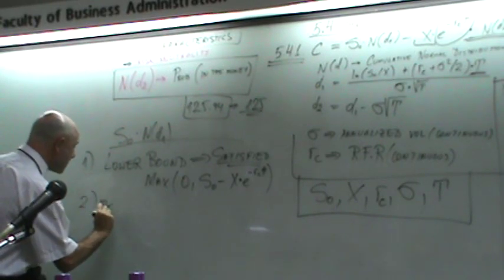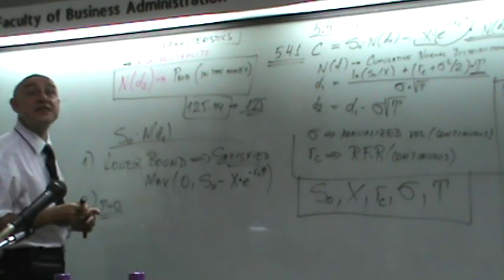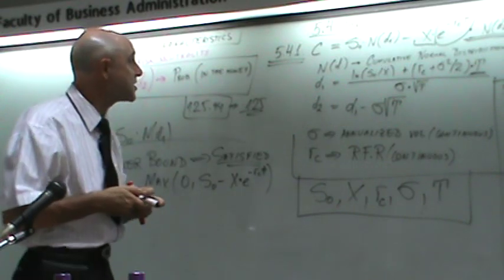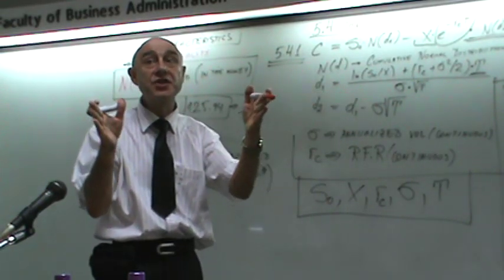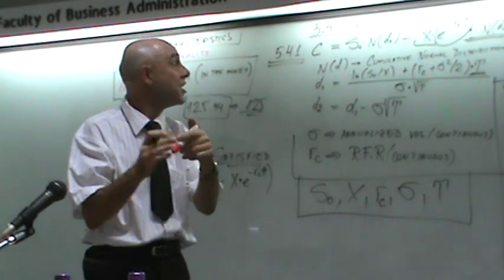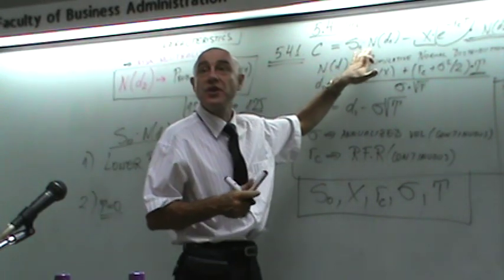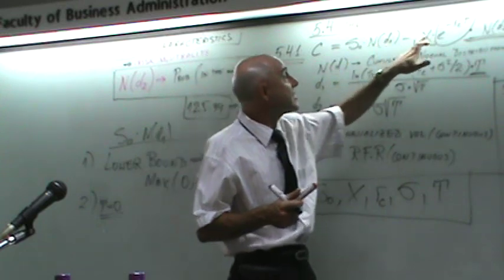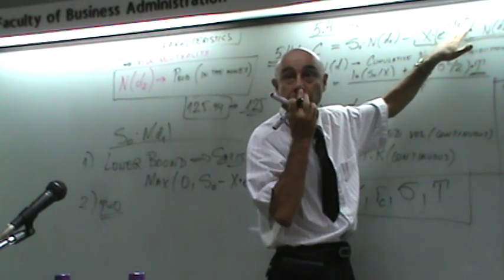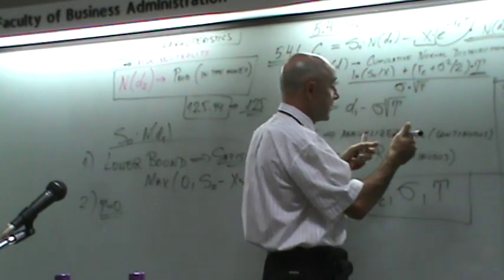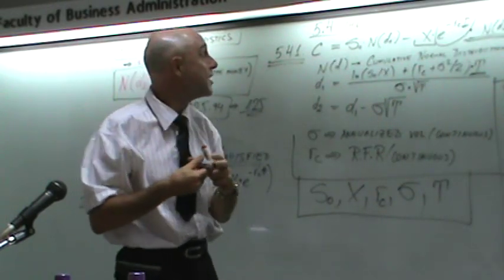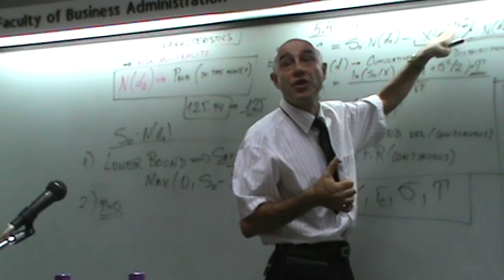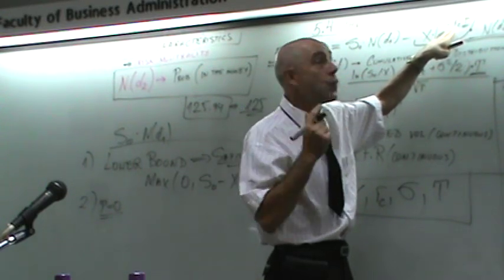Next one is what happens when T equals 0? In other words, as we get closer and closer to expiration, when T gets to 0, what happens? This becomes e to the power of 0, which is 1.